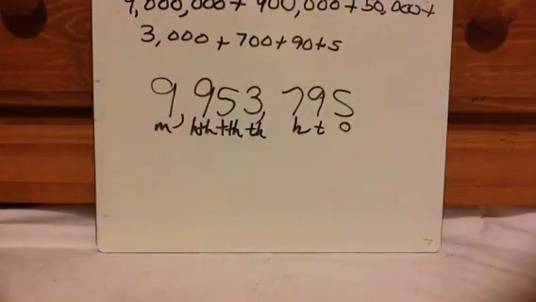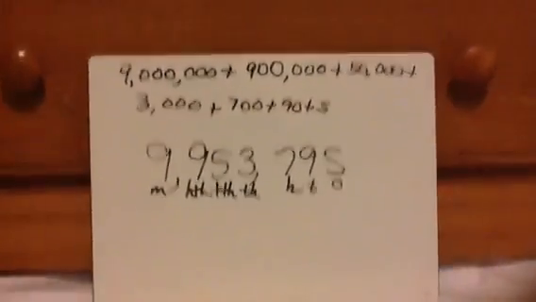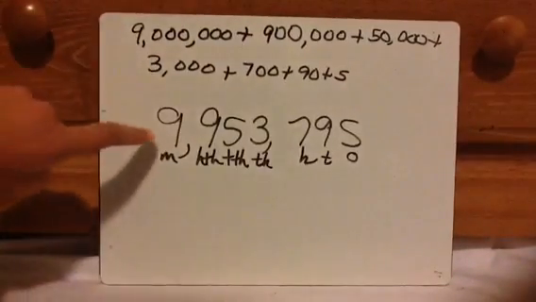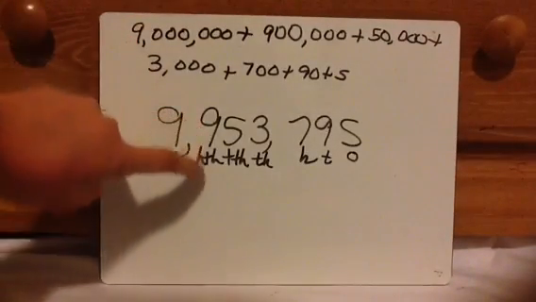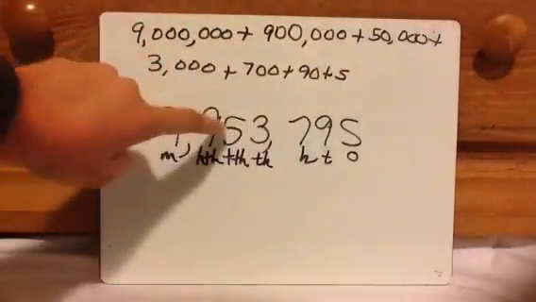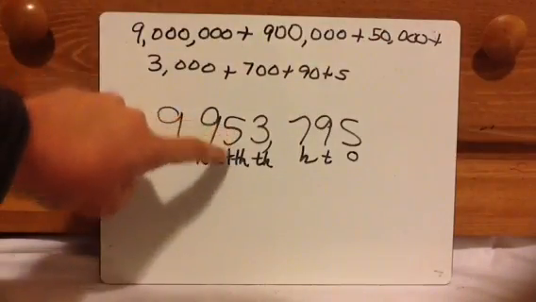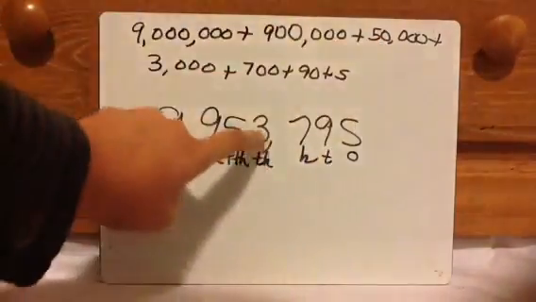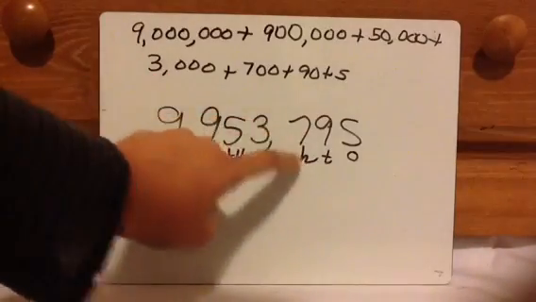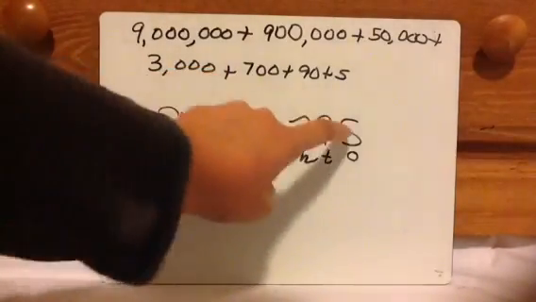And then you can still do it. You can write 9,900,000, 50,000, 3,795.